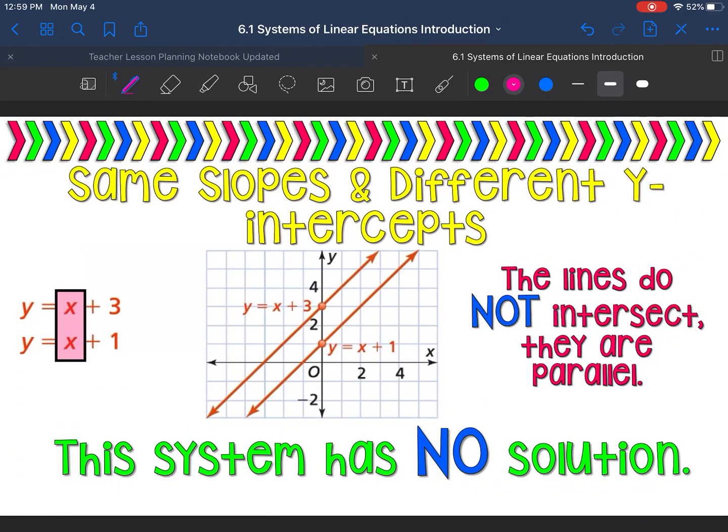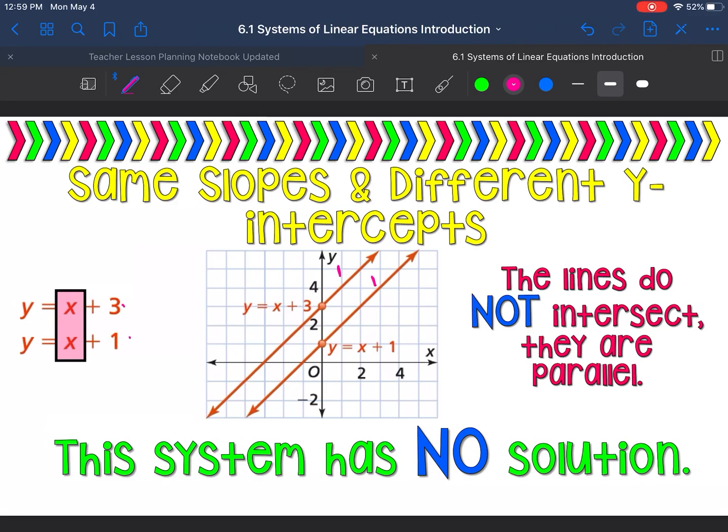This time we're going to look at what happens when you have the same slope but different y-intercepts. Here we have two lines, y equals x plus 3 and y equals x plus 1. So we have the same slope. Both of our slopes are 1. Now we're going to look at our y-intercepts, 3 and 1.